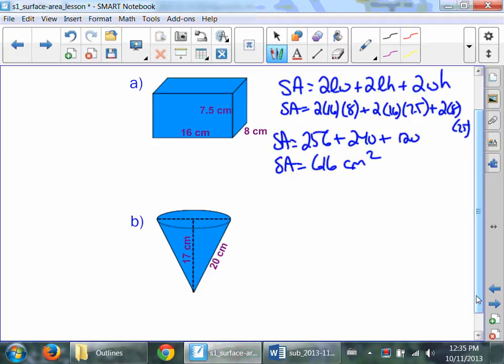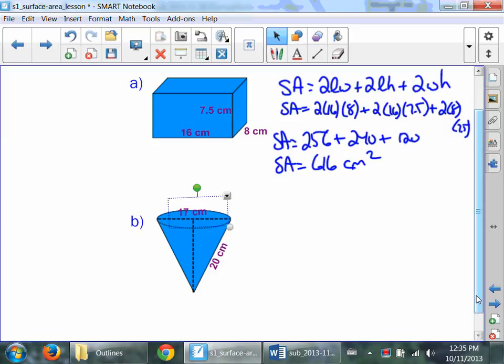Now let's move on to this cone. And there's a little mistake here. What we're going to say is that this here is going to be the diameter of the cone. So make that correction on your sheet. Scribble out the 17 that was down here, and label the diameter 17 just as it is now.